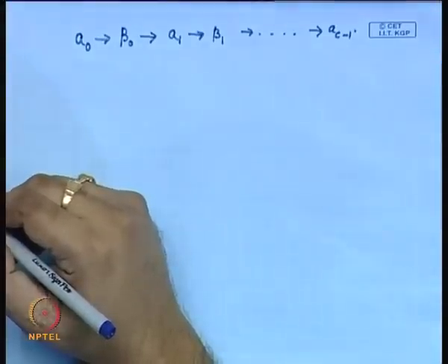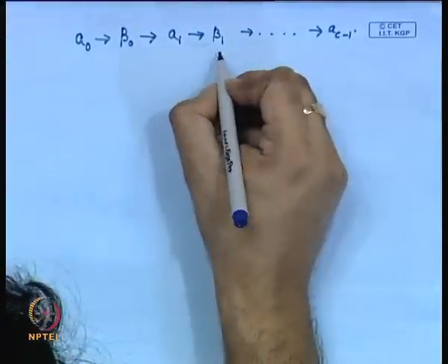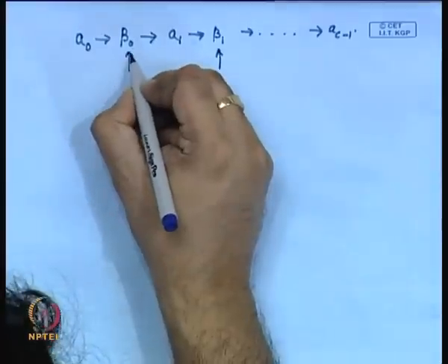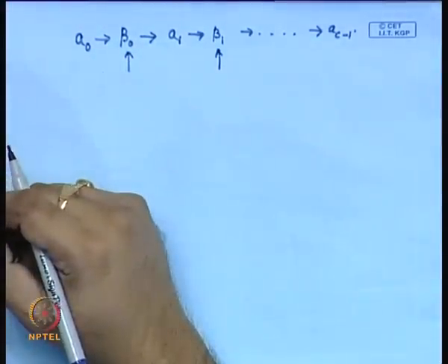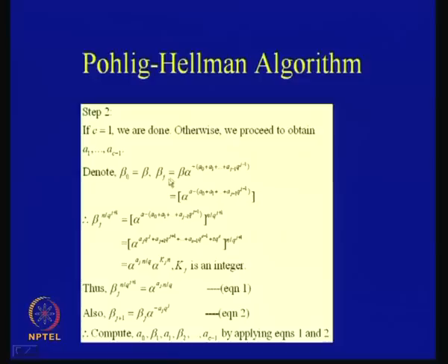Let us see how the definition of beta 1 we can get from the definition of beta 0. Beta j is defined like this: beta j is equal to beta raised to the power of alpha to the minus (A0 plus A1 q plus so on till A(j minus 1) q^(j minus 1)).